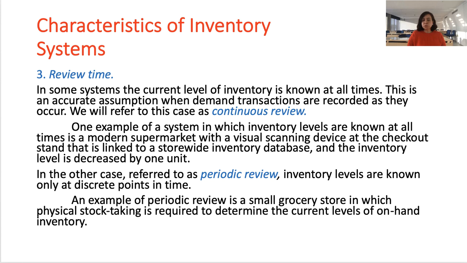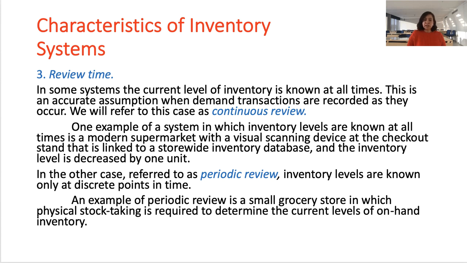Think about a supermarket. When we do our shopping and come to the checkout stand, this checkout stand is in fact linked with the inventory database. And when we finish our shopping, then the inventory level is decreased by the amount of units that we buy.